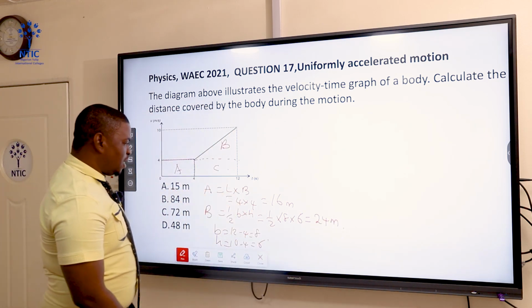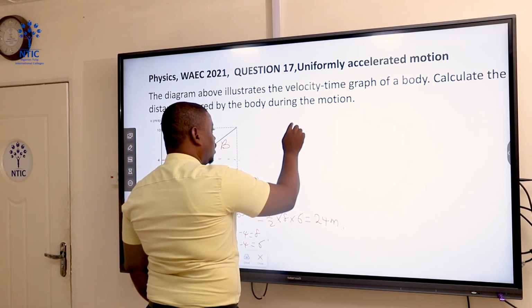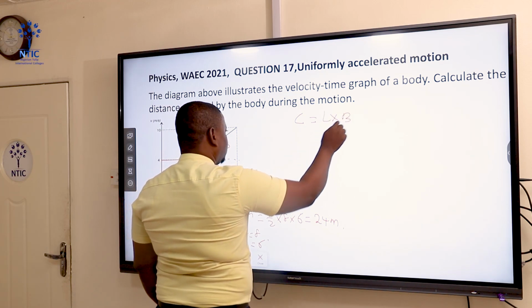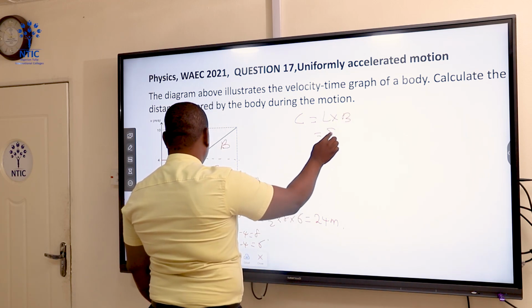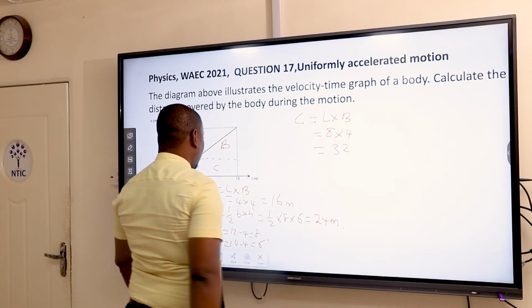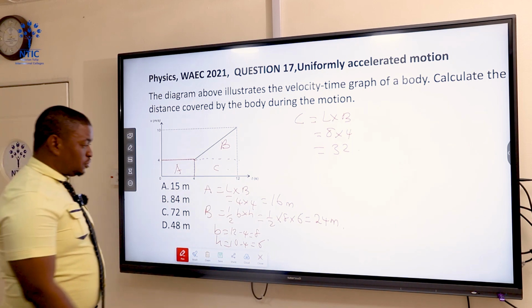Now, we are going to look for the area of C. Area of C is a rectangle, which is length times breadth. That will give me 8 times 4, which is 32.